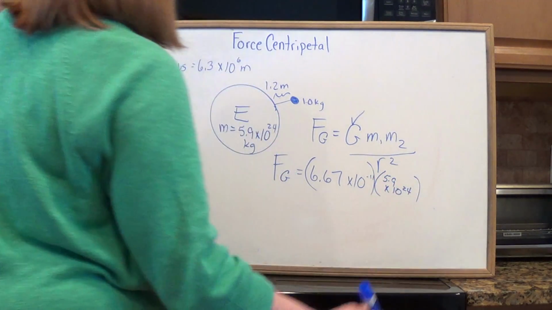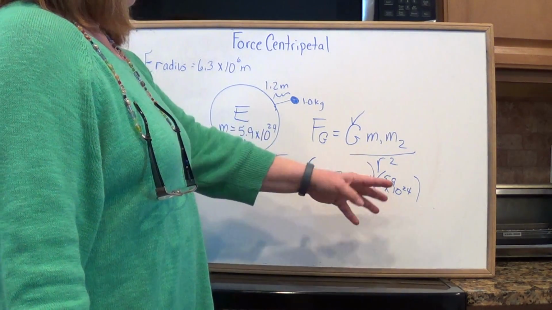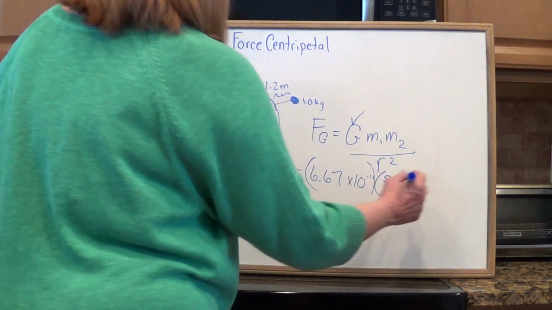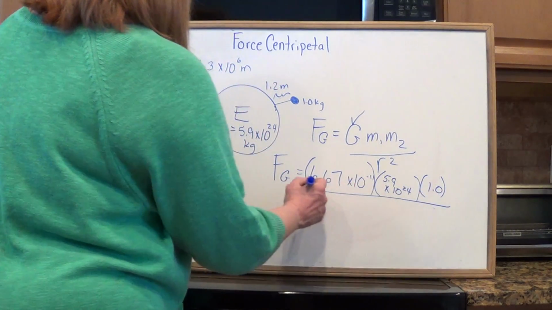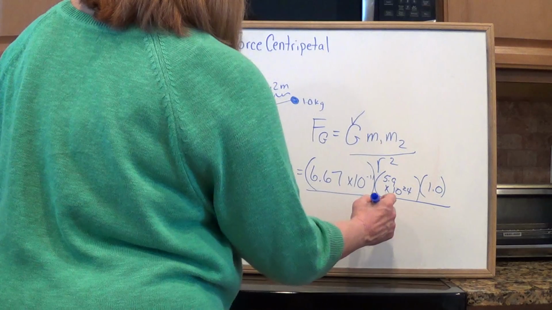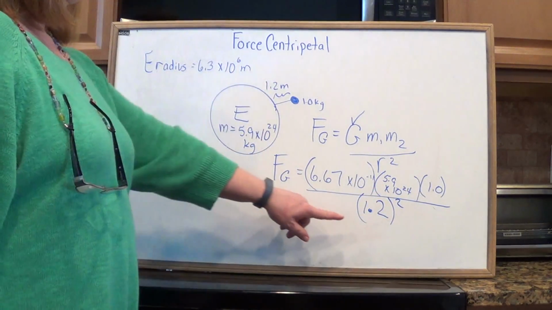I put that in as 5.9 EE 24, and it saves me a few keystrokes. Mass 2 is 1, and that is divided by r squared, r being 1.2 squared. Now that is wrong, actually.